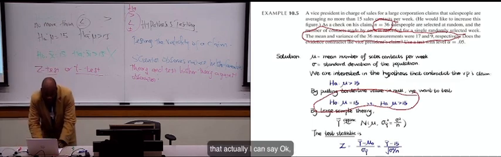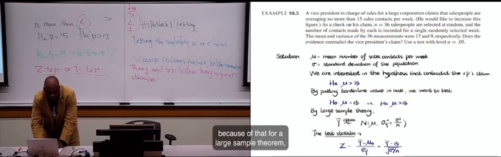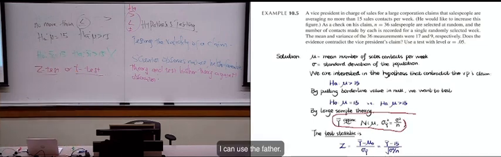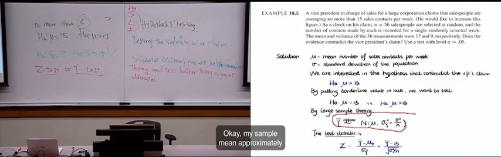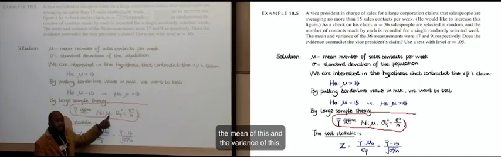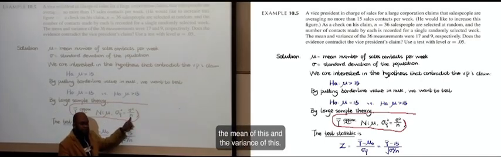Then from that, I can say, okay, because of the large sample theorem, I can use the fact that my sample mean approximately follows a normal distribution with this mean and this variance.